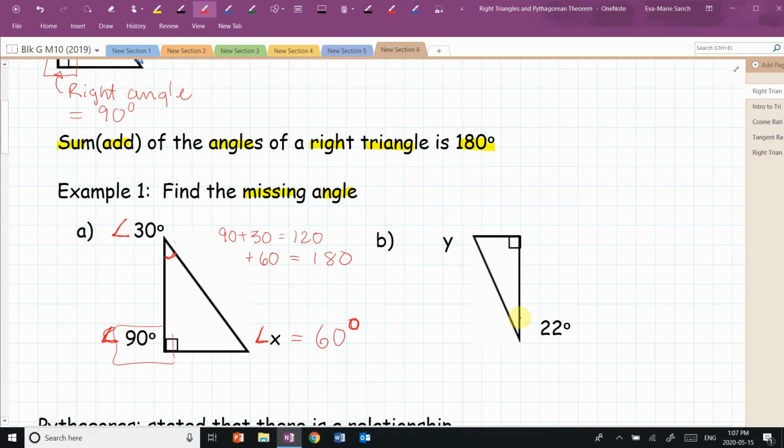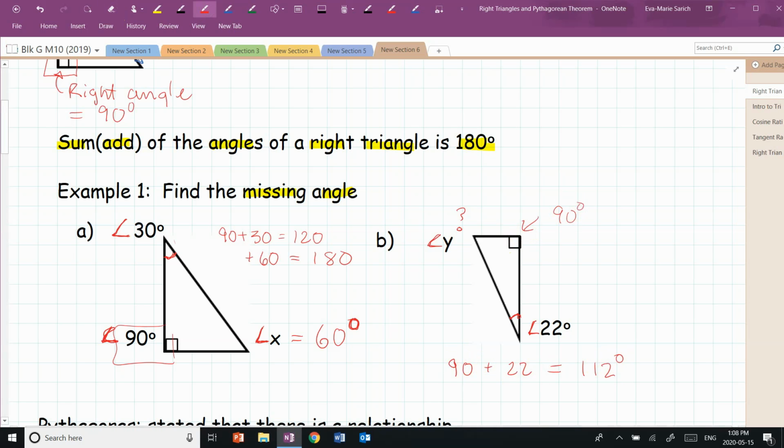We're given this angle here is 22 degrees. We're asked to find angle y. Okay, that's unknown. Now, this one doesn't have anything noted there, but you know if it has a square, it is 90 degrees. So now we've got 90 plus 22, I wrote 20, 90 plus 22 is going to equal 112 degrees.